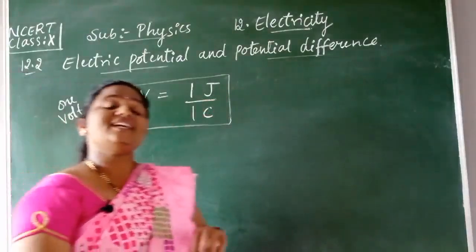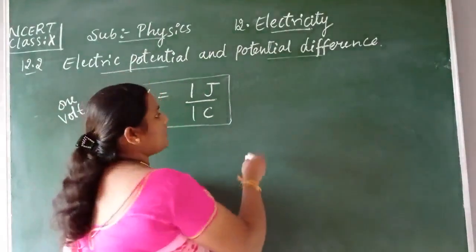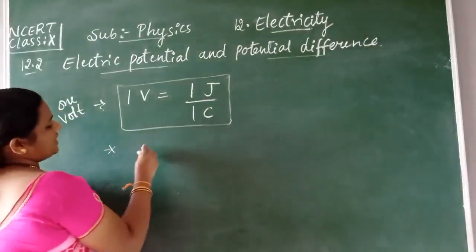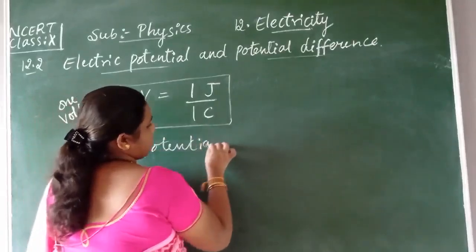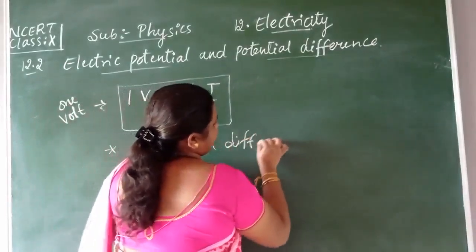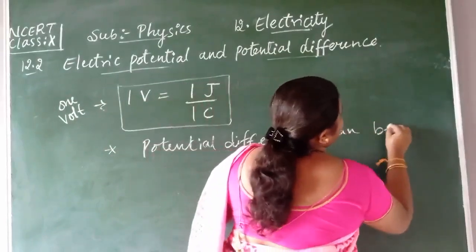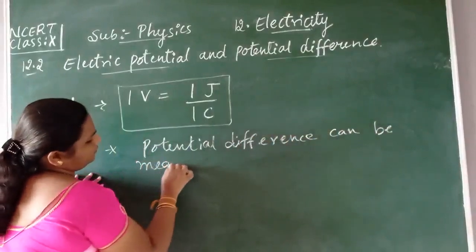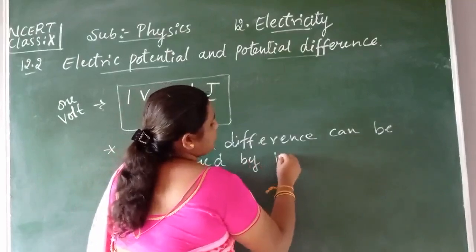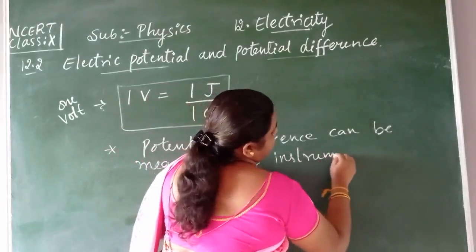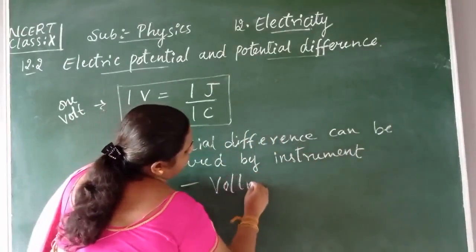And the potential difference is measured using a special device called a voltmeter, children. Potential difference can be measured by using an instrument called a voltmeter, children.